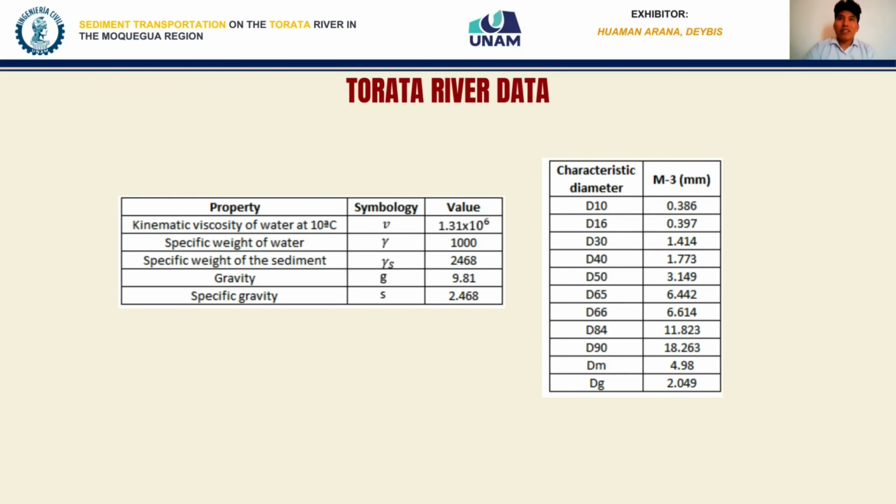Before calculating the sediment transport at the bottom, it's necessary to collect the data to apply the corresponding formulas. Below you can see the properties of the water and the sediments, as well as their granulometric characteristics. Kinematic viscosity of water at 10 centigrade is 1.31 multiplied by 10 to the power of minus 6. The specific weight of water is 1000.